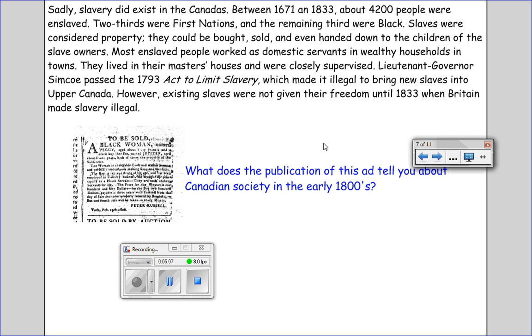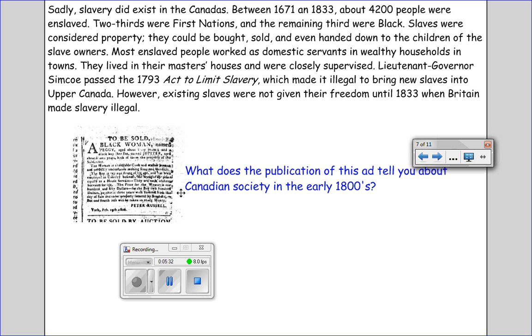This is a sad truth, but in a number of newspapers printed in Upper and Lower Canada between the late 1700s and 1833, you would see publications like this, these ads, which started off to be sold.